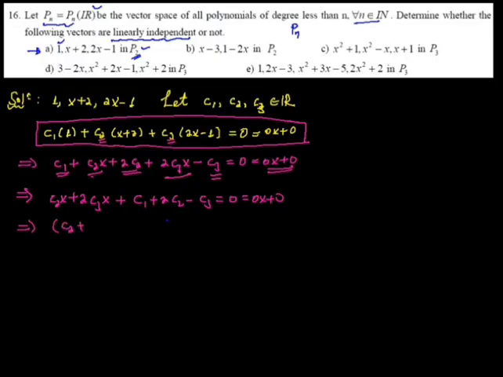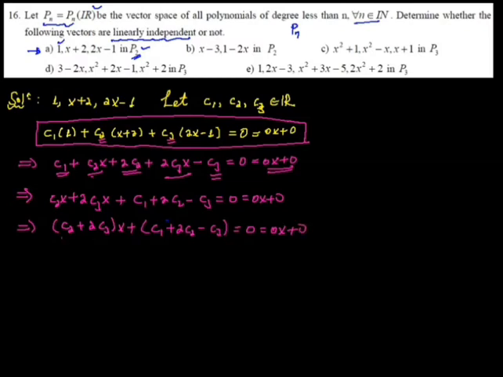(c2 plus 2 times c3) x plus the constant term, c1 plus 2c2 minus c3, is equal to 0, which is 0x plus 0.